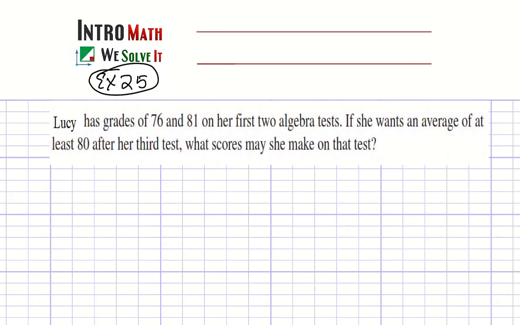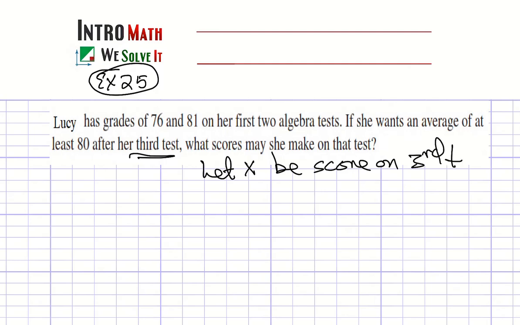It's the same thing we did before. So what score will she make on the third test? Okay, so we'll say let x be the score on the third test.